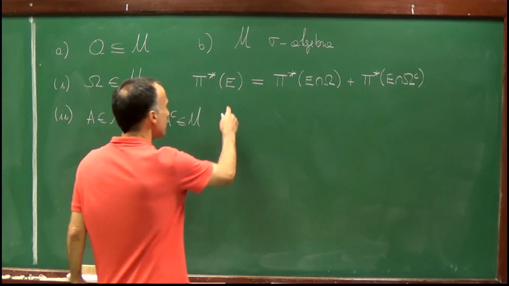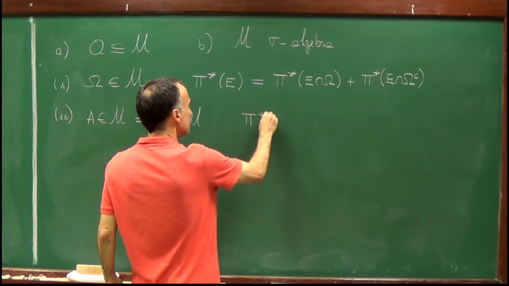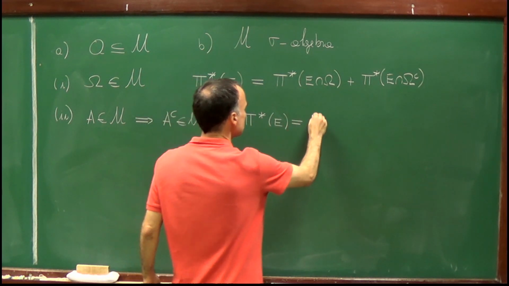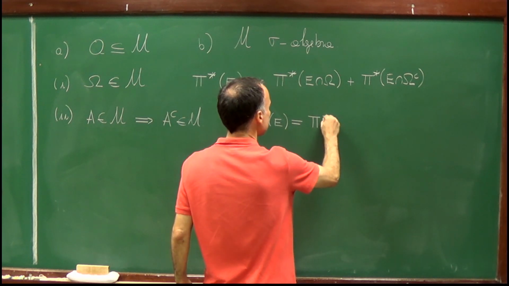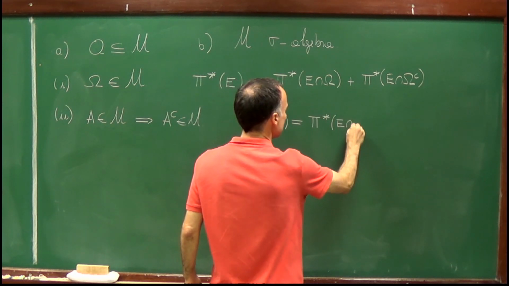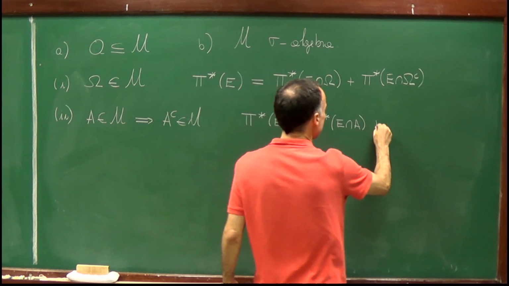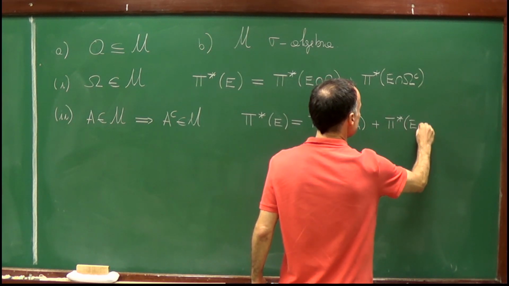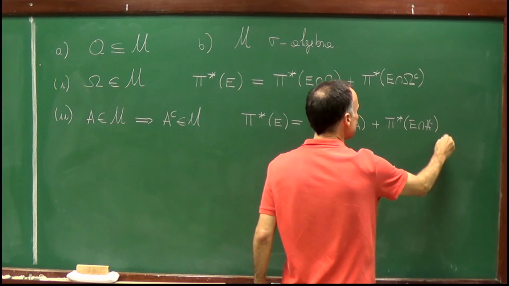It means that for every set E, we have that P star of E is equal to P star of E intersection A plus P star of E intersection A complement.